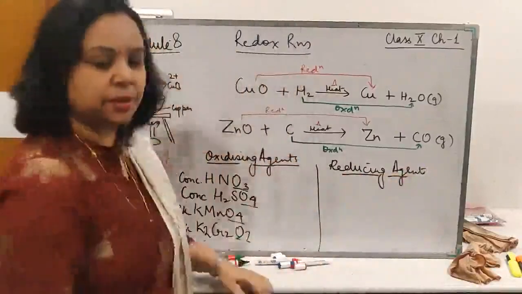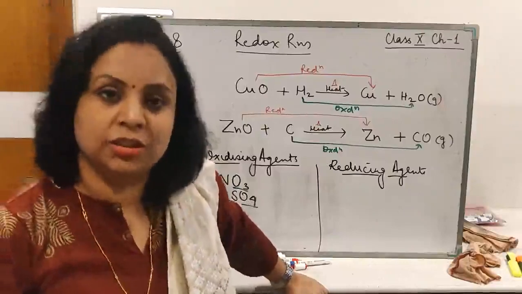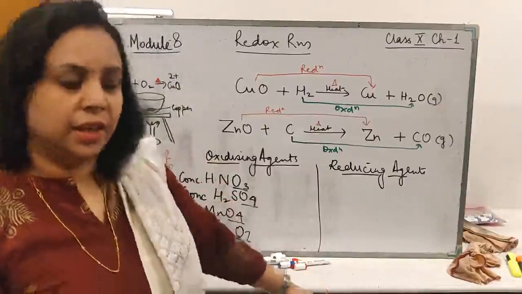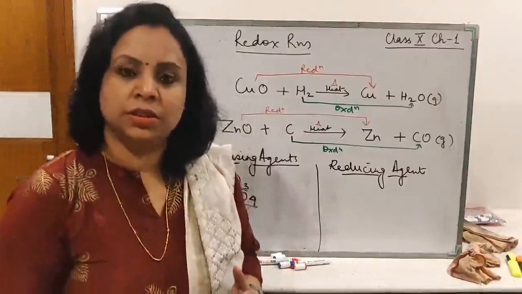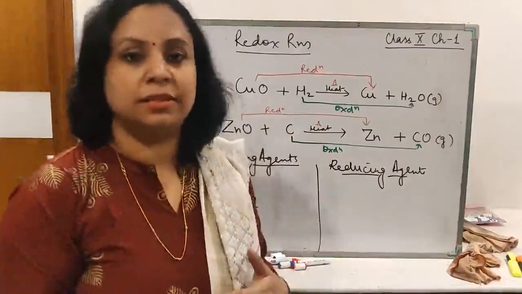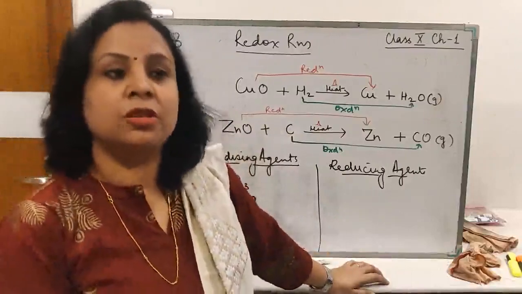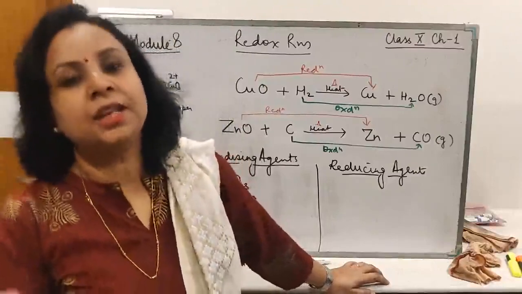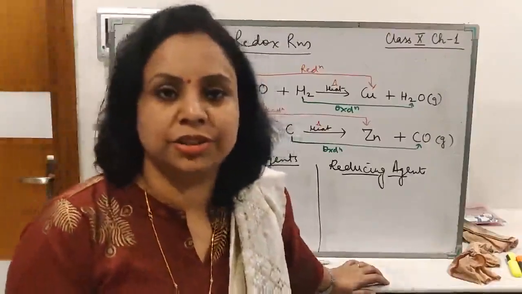Now, reducing agents. Reducing agents are the substances which are facilitating reduction. How do they facilitate reduction? By simply providing hydrogen. If they are providing hydrogen, or they are removing oxygen, or they are providing electrons, because you know that reduction is gain of electrons. So, any substance which helps in the process of reduction and in itself gets oxidized is known as a reducing agent.